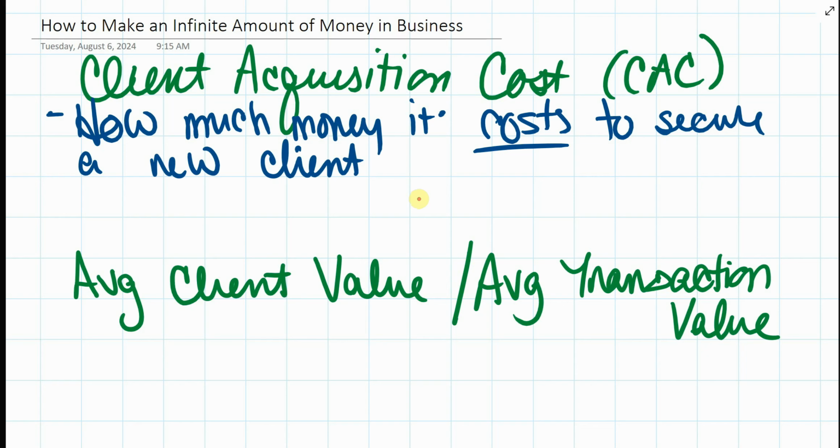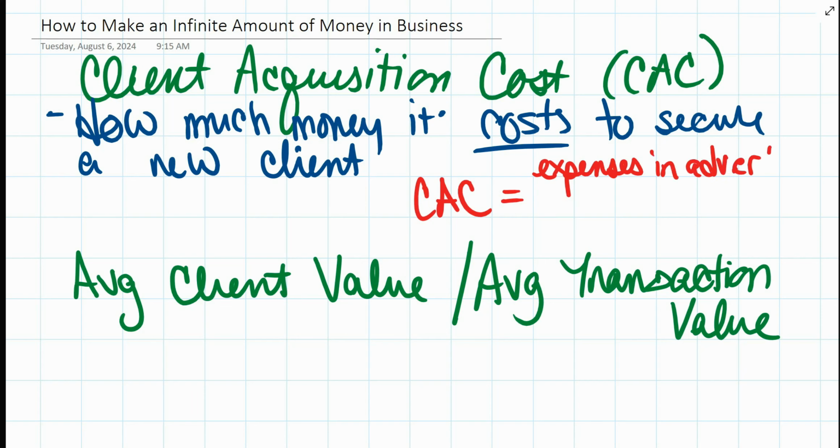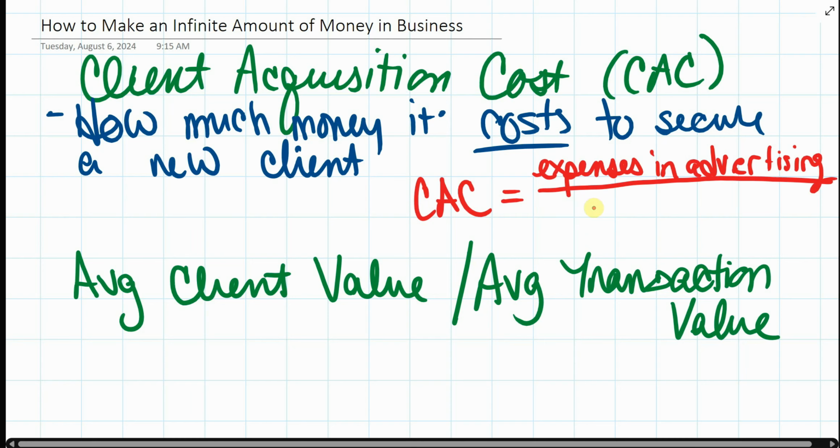Very simple equation, right? We have our CAC is equal to how much I spent. So in this case, my expenses. And usually you can find this just kind of like your expenses in advertising is kind of an easy way to do this. Divided by the number of new clients.